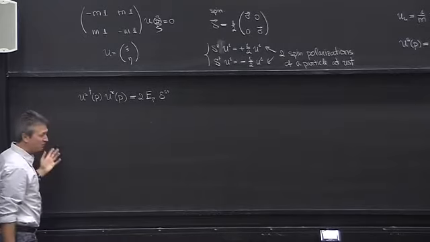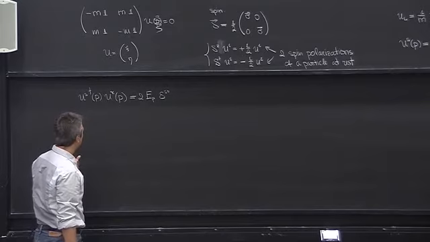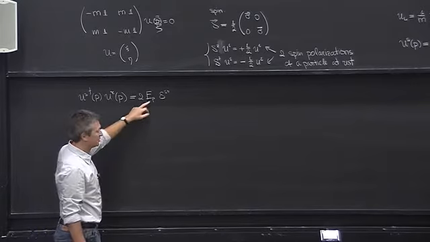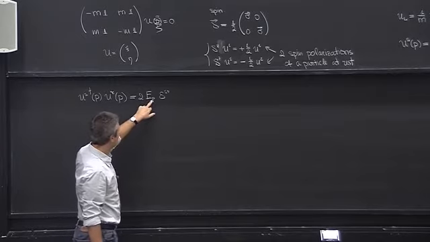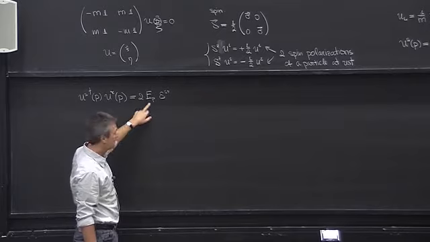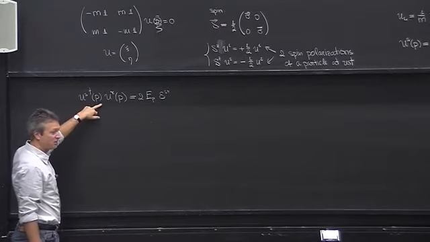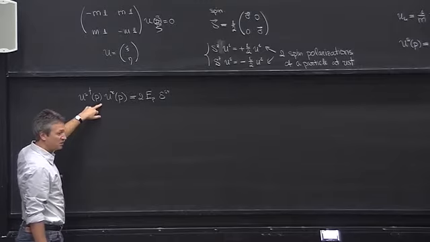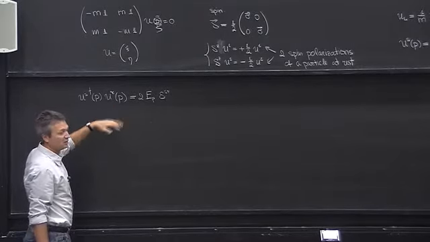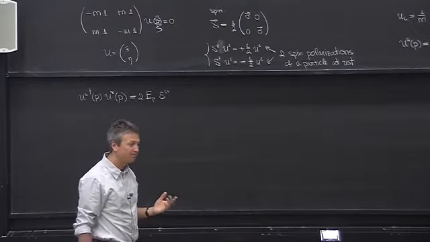This formula also has a nice Lorentz covariant interpretation. Because on the right-hand side, we don't have a scalar. This transforms as the zero component of a 4-vector, the energy. And on the left-hand side, we have a quantity that transforms in the same way, because this is psi dagger psi, which, as we saw, transforms as the zero component of a 4-vector.